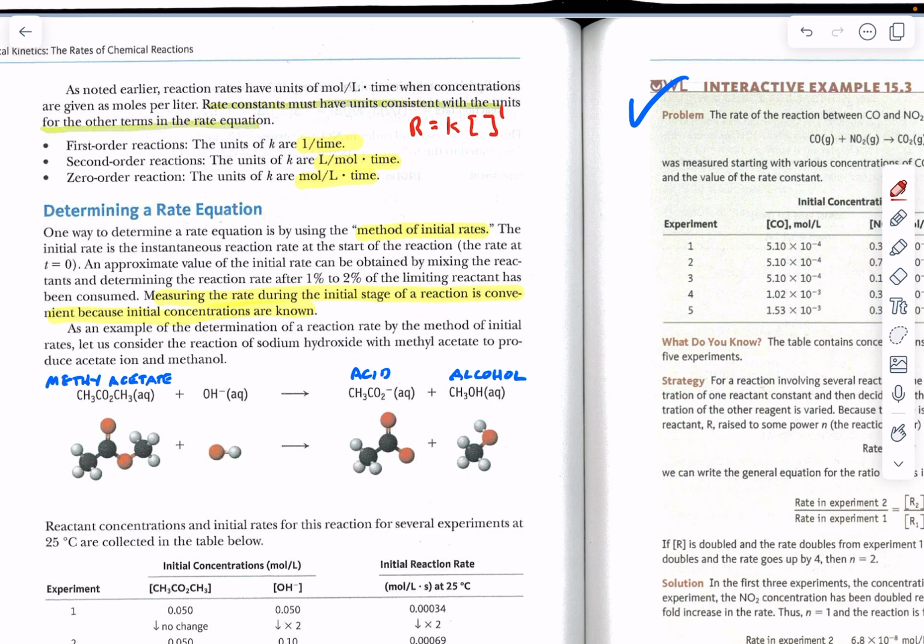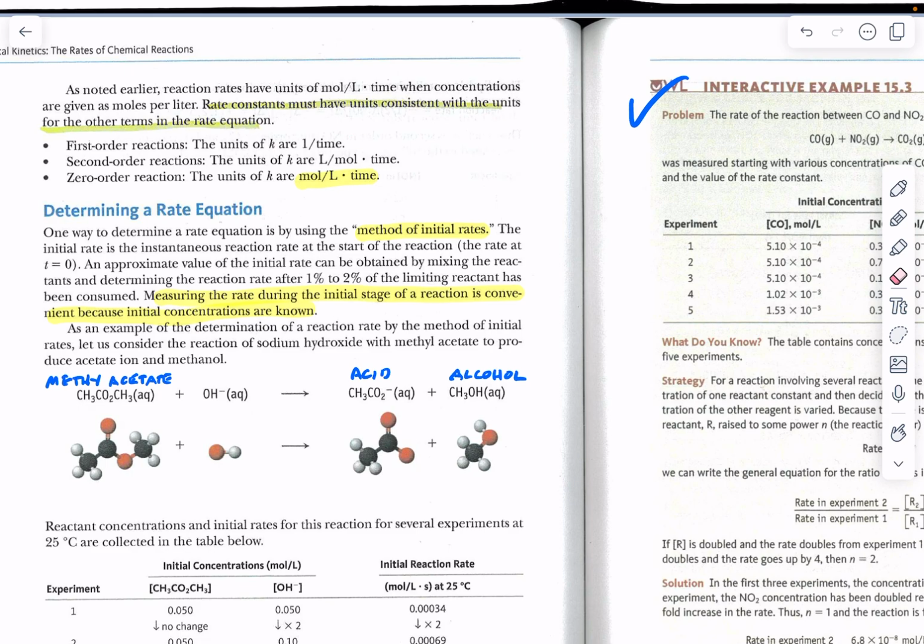That means that my moles per liter, that's my molarity, per time, that's the units of rate, equal K times the units of molarity, which are moles per liter. So what are the units of K going to be? Well, my moles cancel, the liters cancel, and you can see that K equals 1 over time for a first order reaction. All right, let's erase that and let's look at another situation.